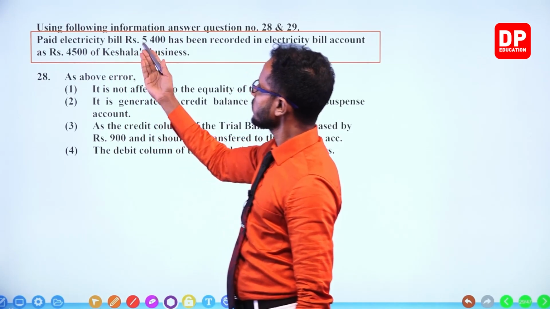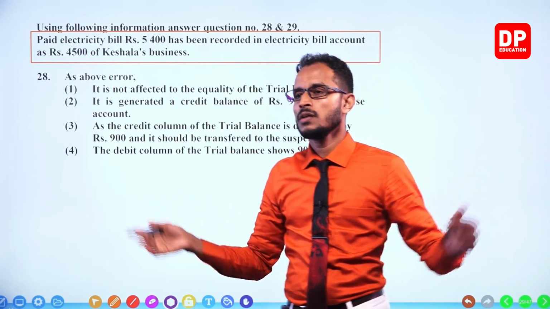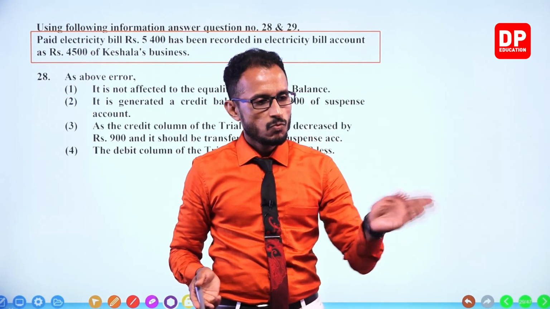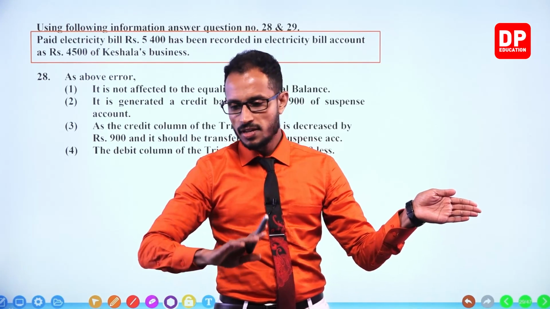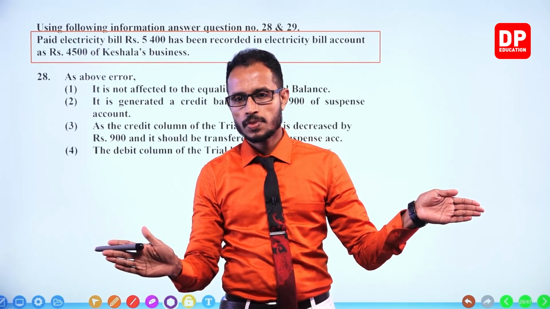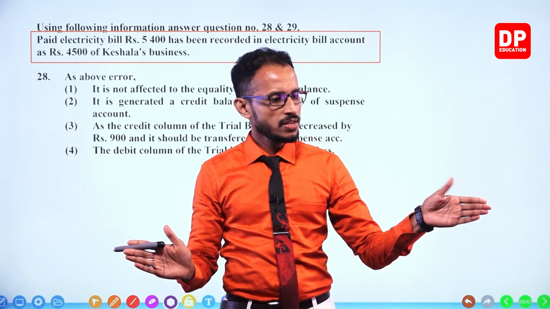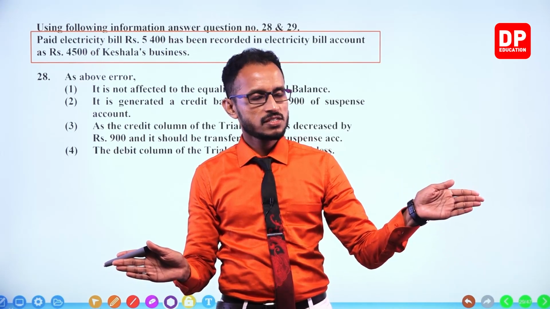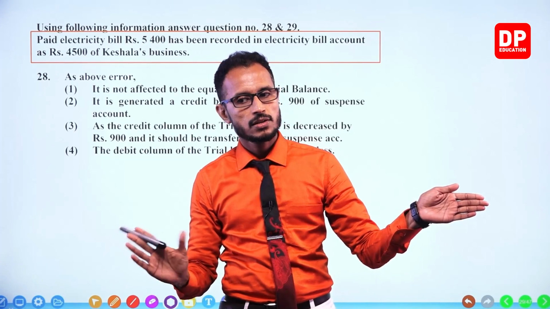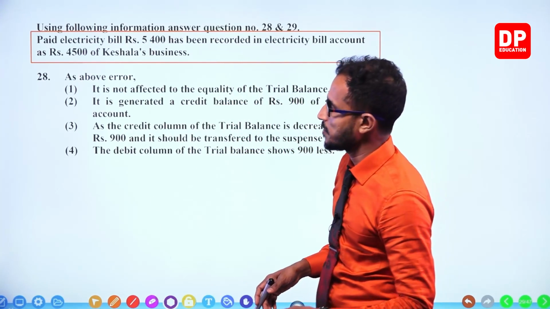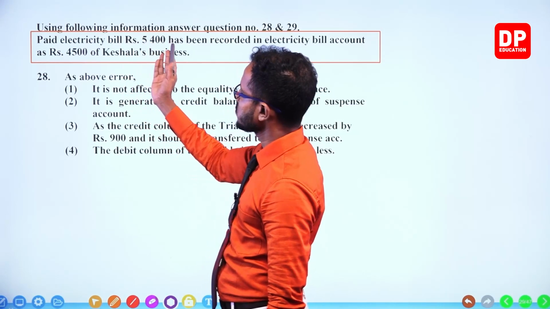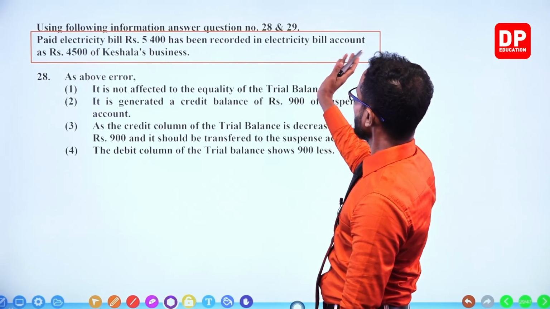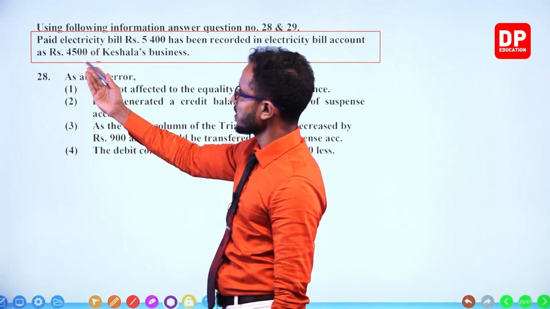To which account debit and to which account credit? Electricity bill account debit because expenses are debited. Electricity bill account debit, cash credit. Double entry.